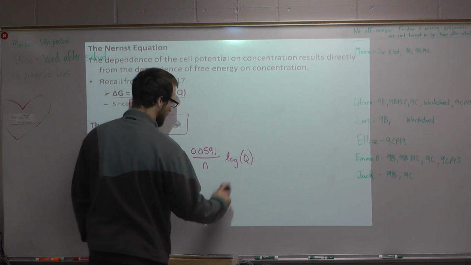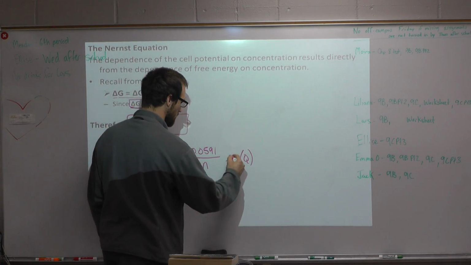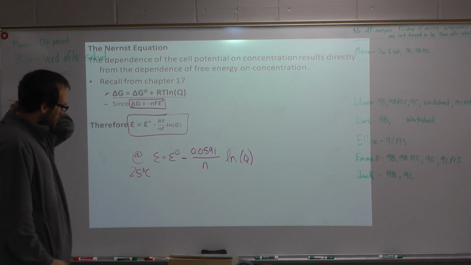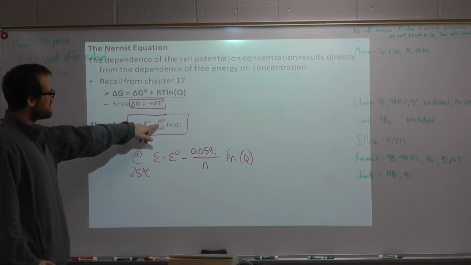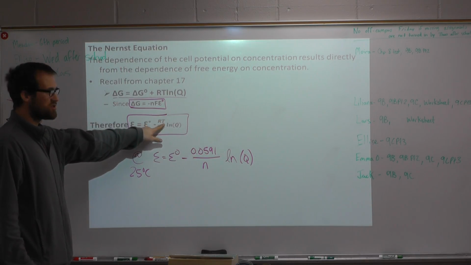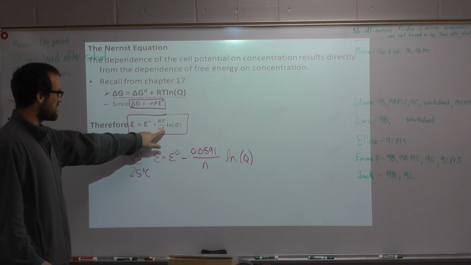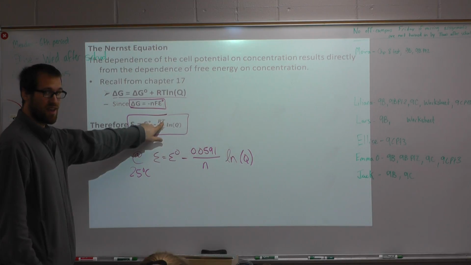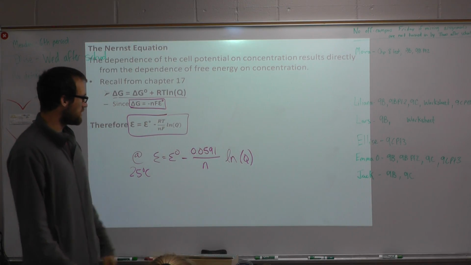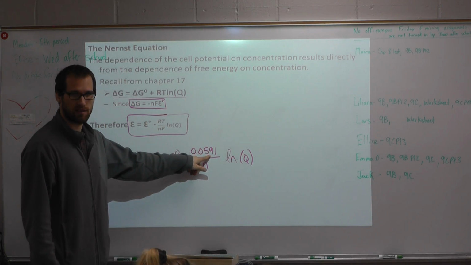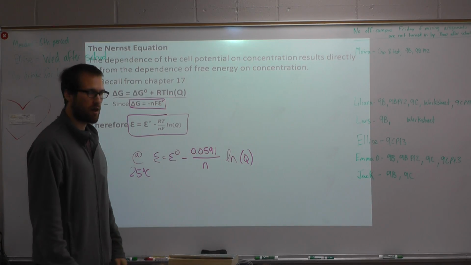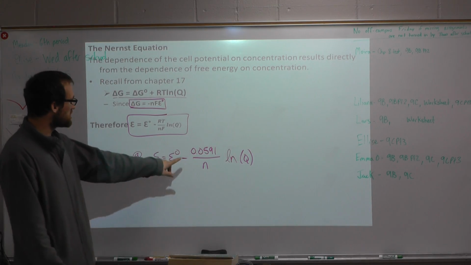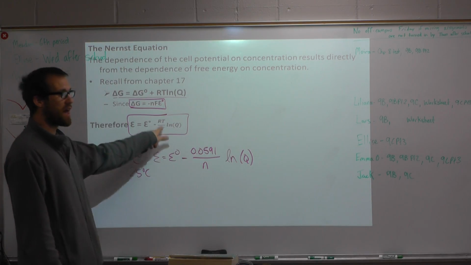Yes, it's on. So basically this takes R and the temperature in Celsius and your F, because that's a constant, so it's basically constant, and it engulfs them into one constant, and that's what that is. So it'll just save you some work. If it's at 25 degrees, you can just use this, which is a modified version of that.